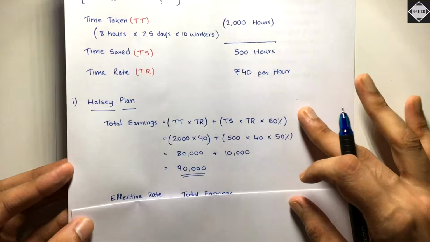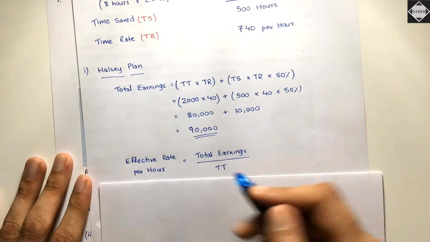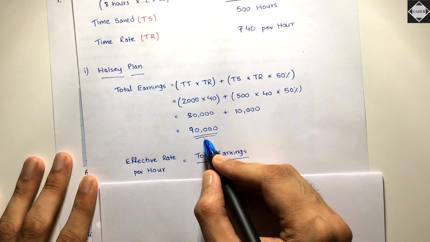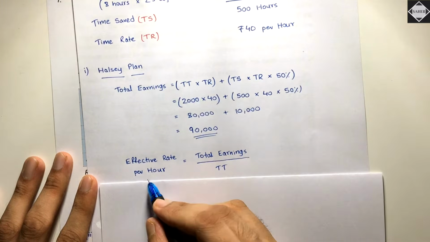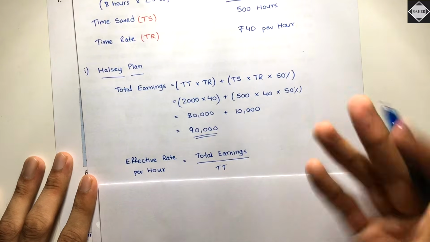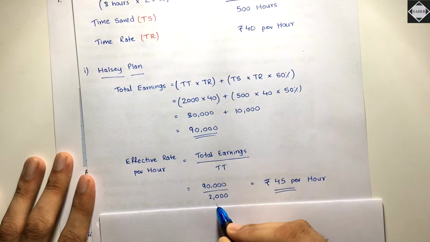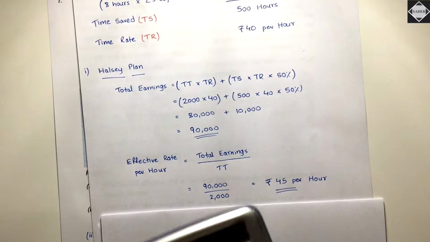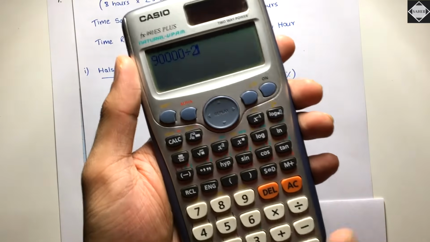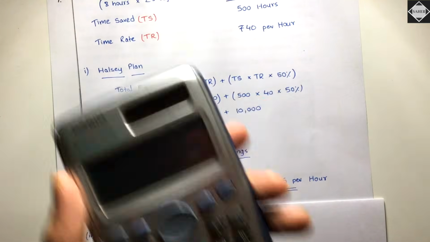Now to calculate effective rate per hour, what do you have to do? This is the formula: total earnings divided by TT. Total earnings under Halsey you have to take. This effective rate per hour is under Halsey. Time taken will be the same only; there is no difference in that. So 90,000 divided by 2000, that's equal to 45 rupees per hour.